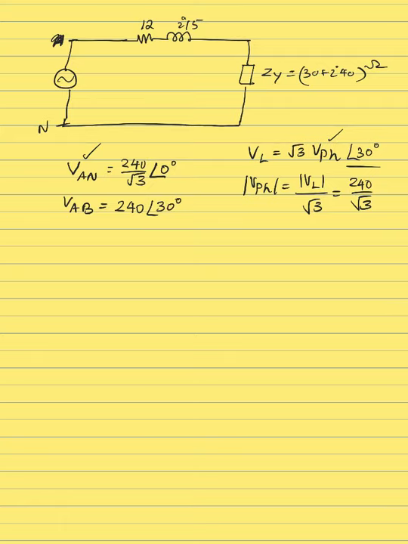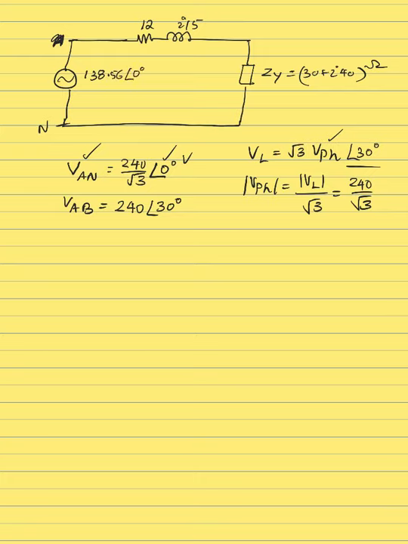That's where it plays its role. But we have been told to use AN as the reference phasor, so I have used 0 degrees for V_AN. The value calculated is 138.56 at an angle of 0.